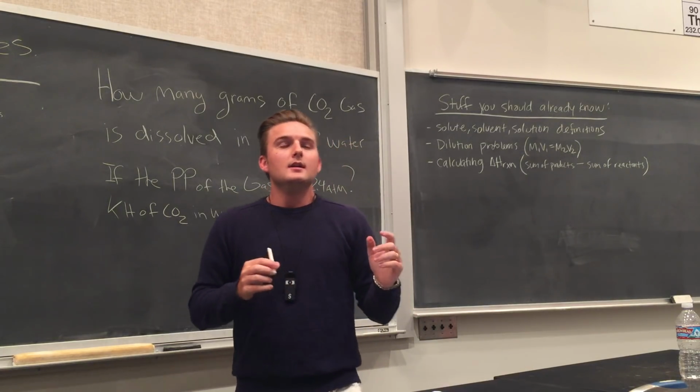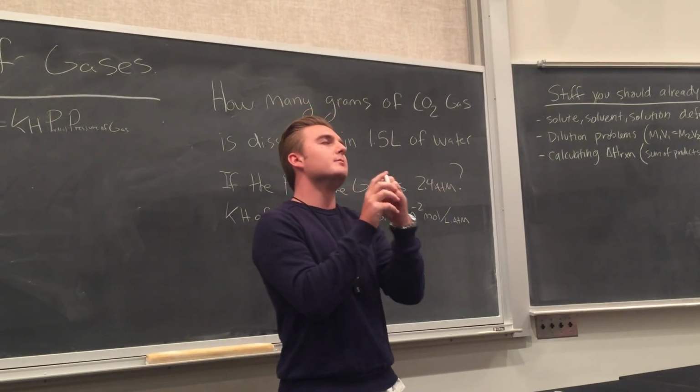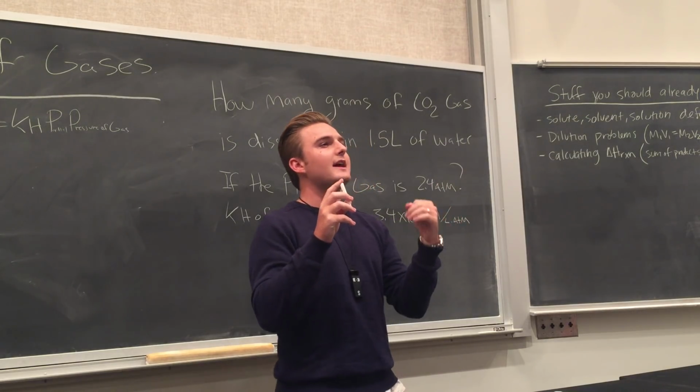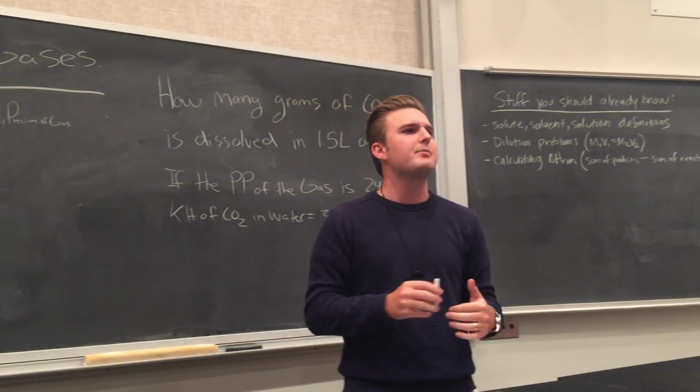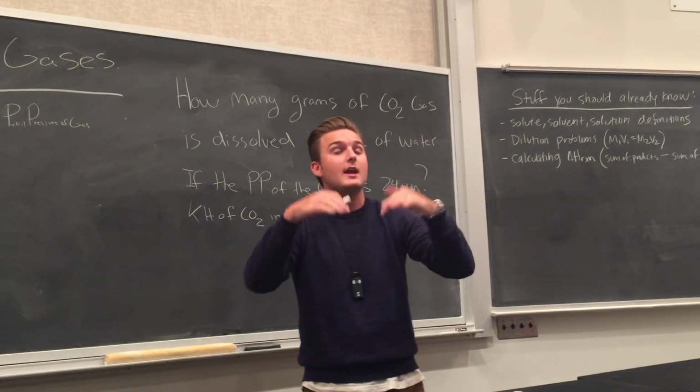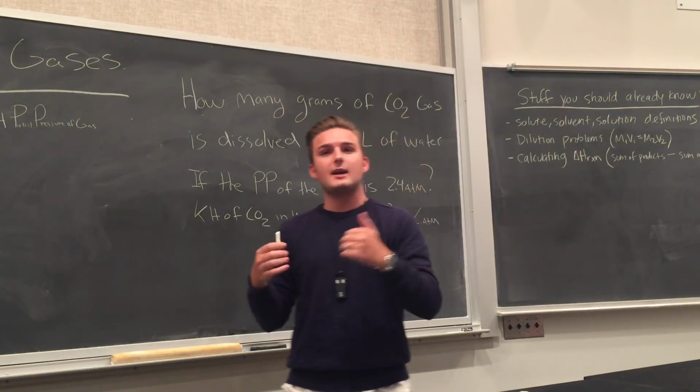Right. So if we have these molecules that are moving around a lot, we know that temperature also affects things with vapor pressure. So if we want gas to go in and stay in, we like that temperature to be colder.